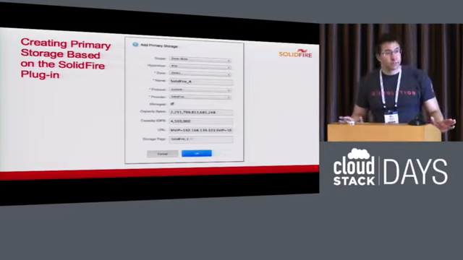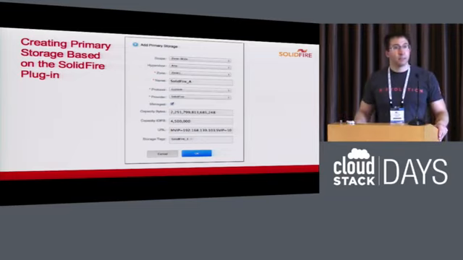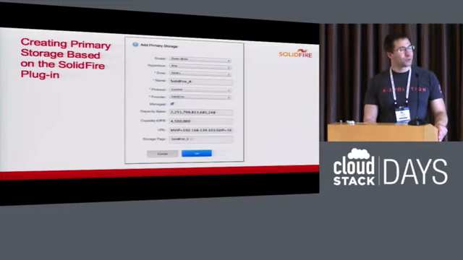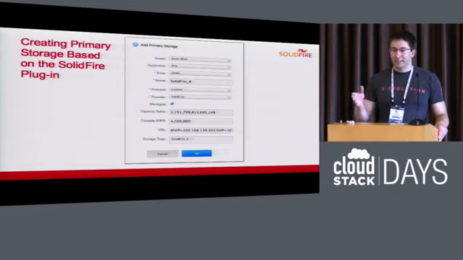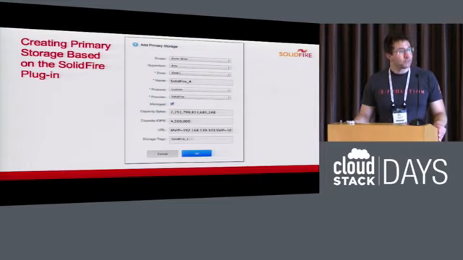It could be something very specific, like this data disk has to be placed on primary storage that describes itself as Solidfire_1. Or it could be really generic, something like fast. If the primary storage describes itself as fast, it's a candidate for housing this particular root disk or data disk.